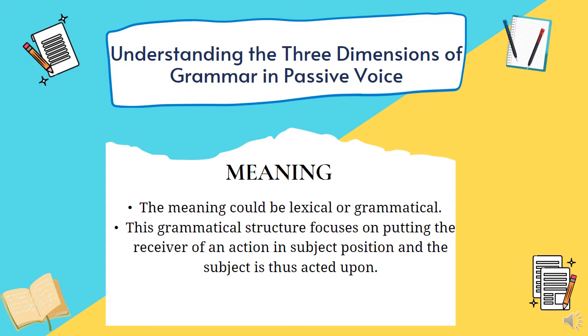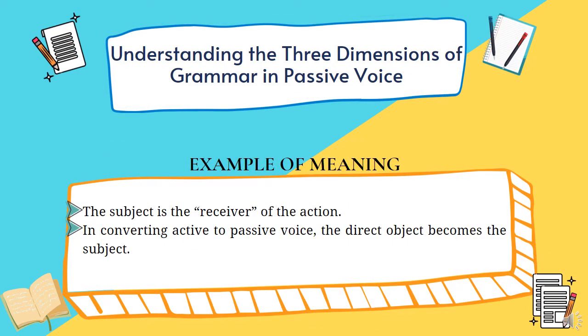In the case of passive voice, this grammatical structure focuses on putting the receiver of an action in subject position, and the subject is thus acted upon. In passive voice, the subject is the receiver of the action. In converting active to passive voice, the direct object becomes the subject.